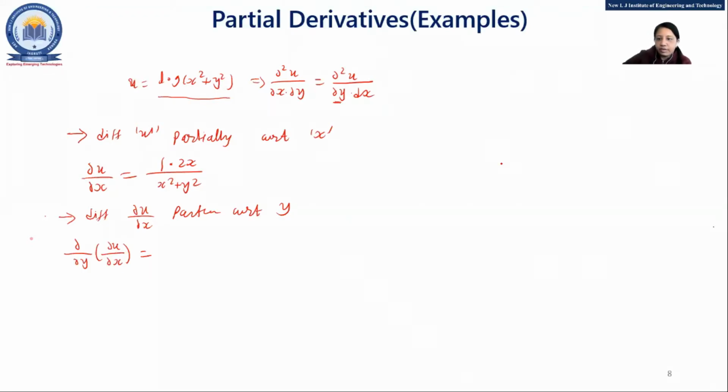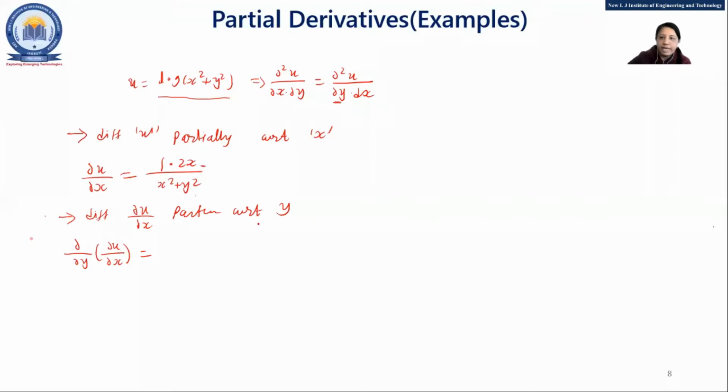Now answer for that. Yeah, 25 number, you can unmute yourself. Answer for this: 2x upon this. So see, here it's 2x, that means x is there and here also.